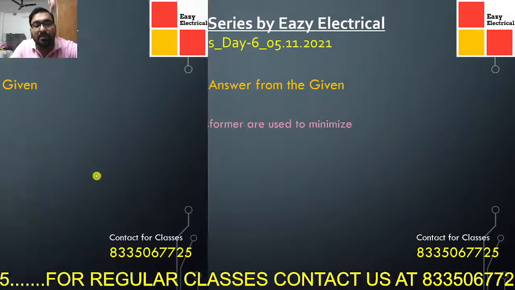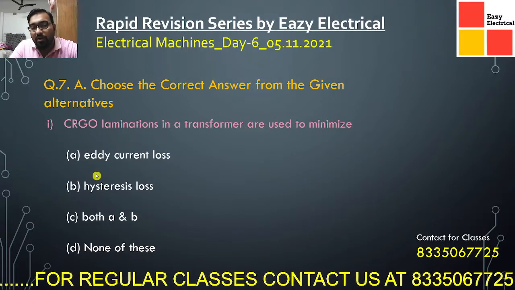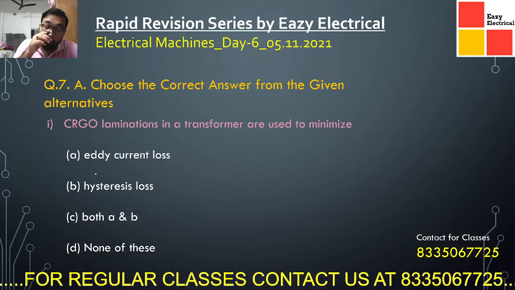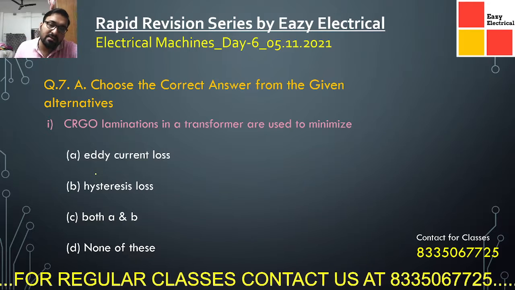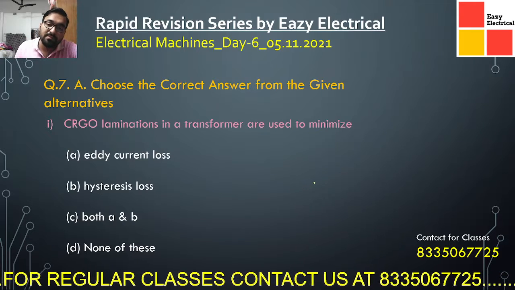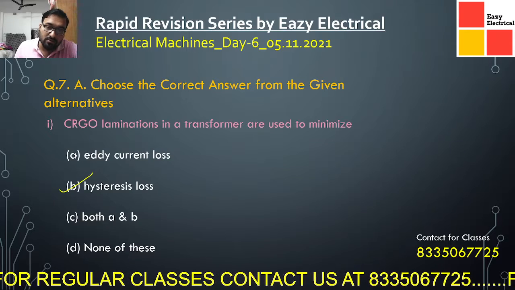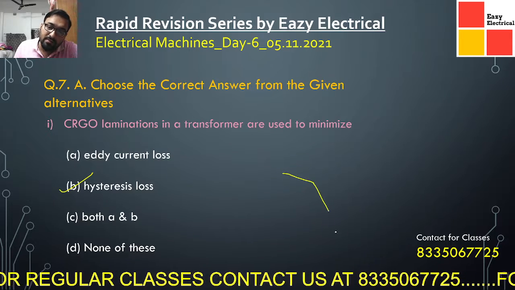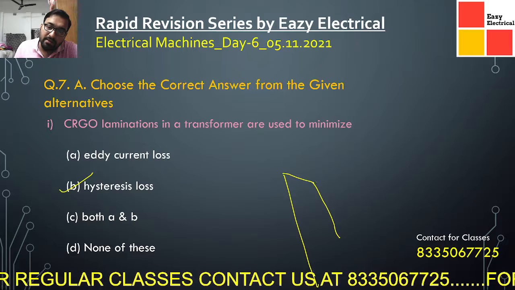Okay, now CRGO, or cold rolled grain oriented laminations in transformers, are basically used to minimize the hysteresis loss. Now grain orientation means, suppose this is one transformer limb I am taking into account.